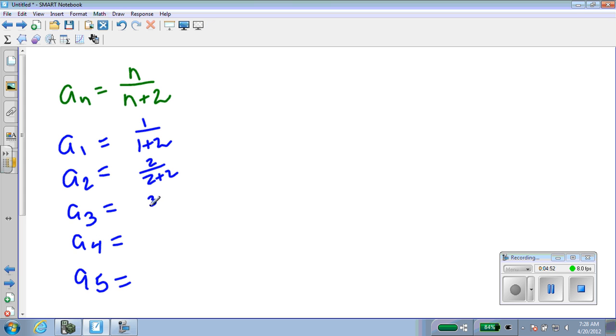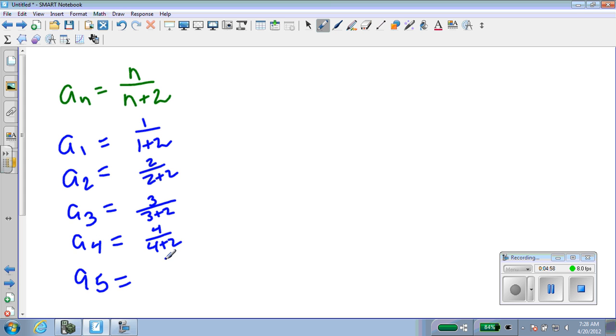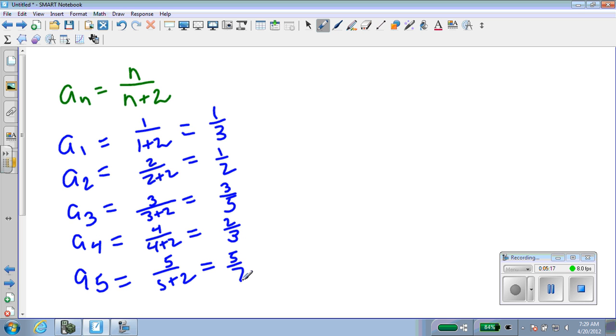A sub 3 would be 3 over 3 plus 2. 4 over 4 plus 2. 5 over 5 plus 2. So 1/3, 2/4, which is 1/2, 3/5, 4/6, which is 2/3, and 5/7. And again, we could keep going.